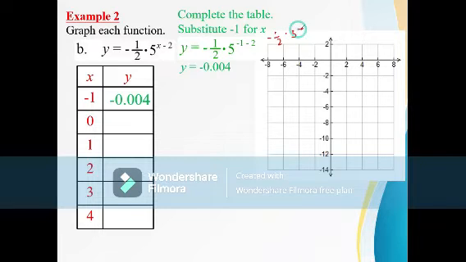That is negative 1 minus 2, which is negative 3. Then it is equal to negative 1/2. Okay, 5 to the power of negative 3 is the same as 1 over 5 cubed.